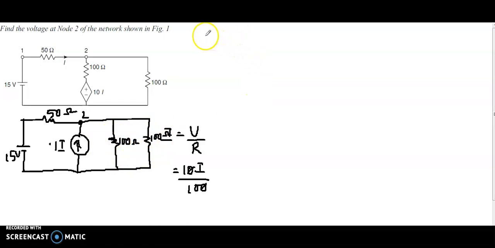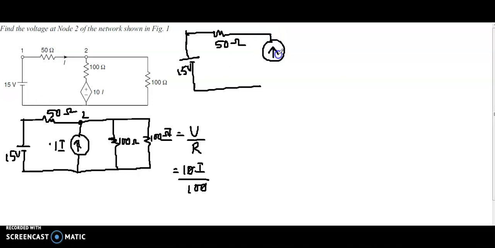So now we can rearrange the circuit as 15 volt, 50 ohm, 0.1 I and a 50 ohm in parallel.